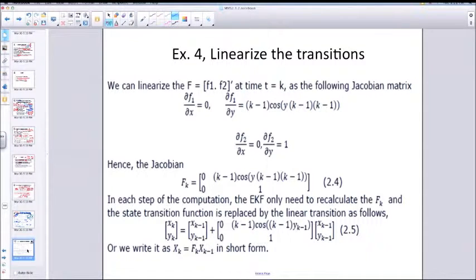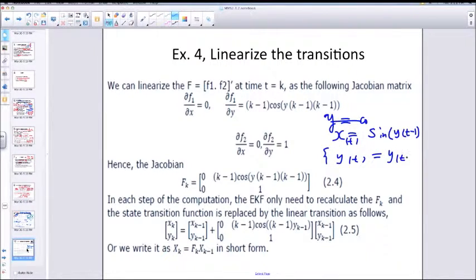Once you get the idea, let's look at the example. In the previous example, you remember we have this relationship: the x equals sine of y times (t minus 1), that's the x(t), and the y(t) is the frequency, that's not a change.